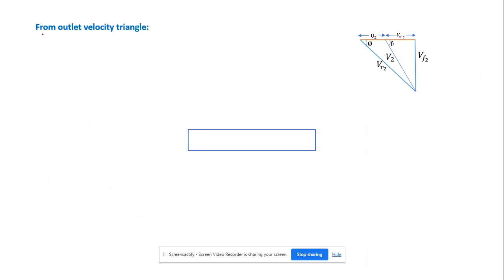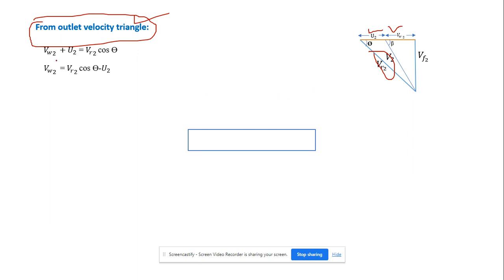As in the case of the outlet velocity triangle of the inward radial reaction turbine, we can calculate Vw2 plus U2 equal to Vr2 cos phi, so Vw2 is equal to Vr2 cos phi minus U2.